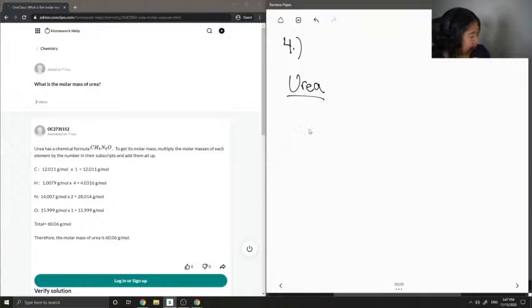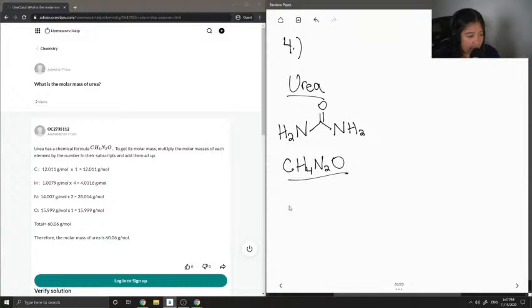Okay, so let me write out what the structure of urea looks like. It looks like this. There's a double bonded oxygen and 2 amine groups. So its formula is 1 carbon, 4 hydrogens, 2 nitrogens, and 1 oxygen.